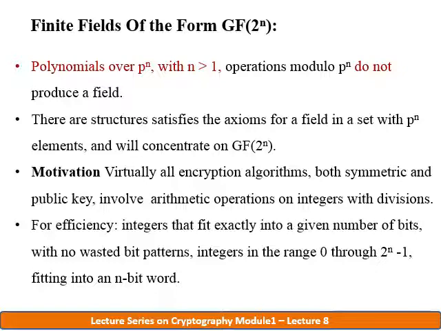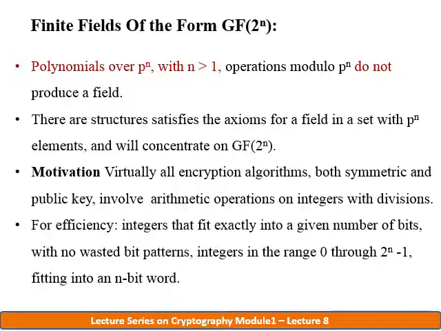For efficiency, we want integers that fit exactly into a given number of bits with no wasted bits, with integers ranging from 0 to 2 to the power of n minus 1, fitting into an n-bit word. So we are not wasting a single bit. Without wasting, we need to have a range of bits, an n-bit word.